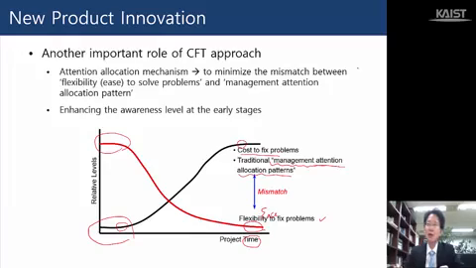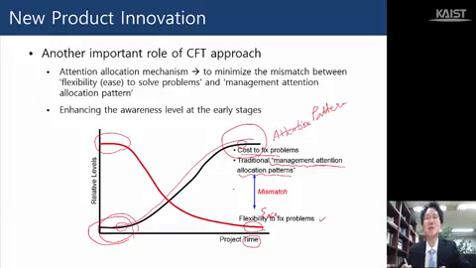So their attention allocation pattern, let's say this is the attention allocation pattern, is like this. Okay, early phase, not much attention, but towards the end of the project, much attention. But that's not good.